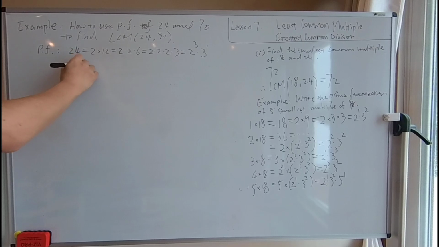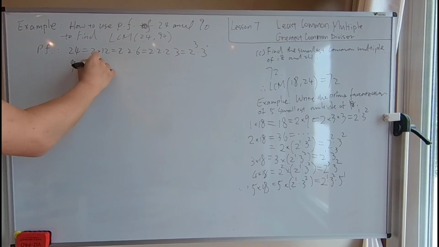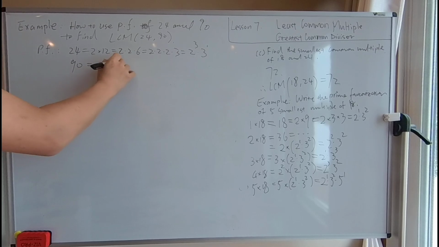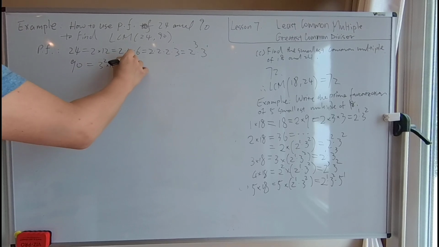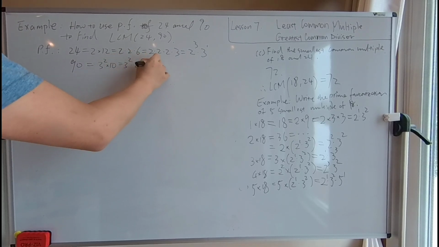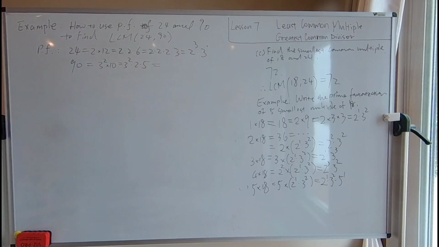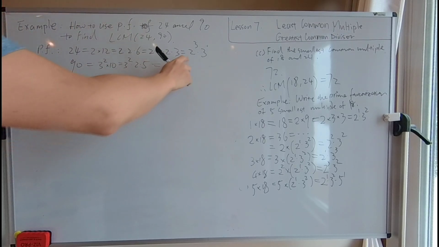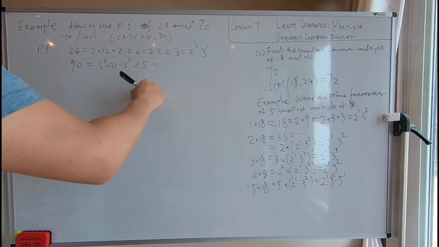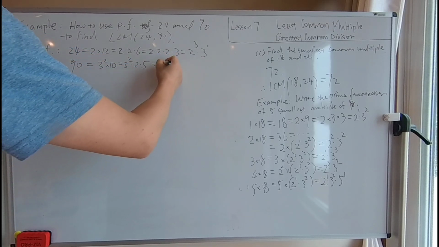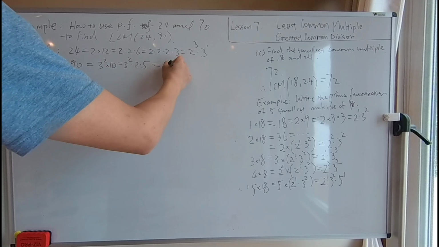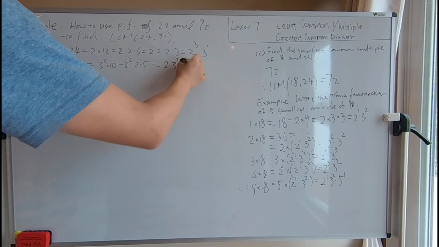Then 90 is 10 times 9, and 9 is 3 squared, and 10 is 2 times 5. I'm going to reorder this a little bit. Let's always write the smaller prime on the left-hand side and the larger prime on the right-hand side. So it's 2, 3 squared, 5.